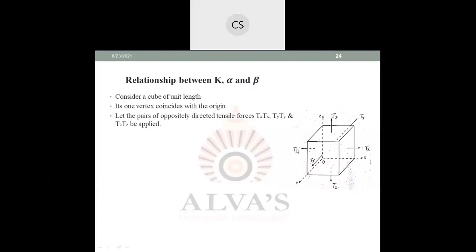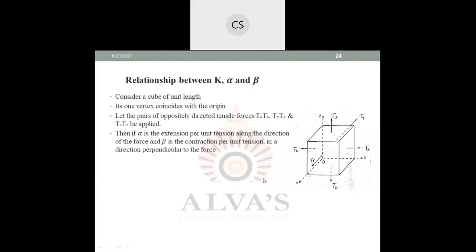They are opposite forces, you can see here they are opposite in nature. Similarly Ty, Ty, the force acting on the front and back faces of the cube. Similarly Tz, the force acting on the bottom and top faces of the cube, that is known as Tz.